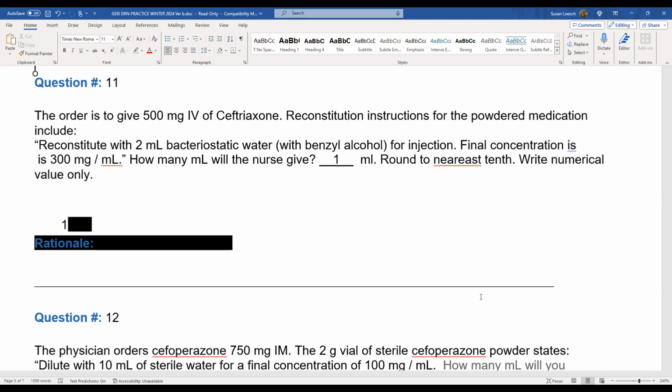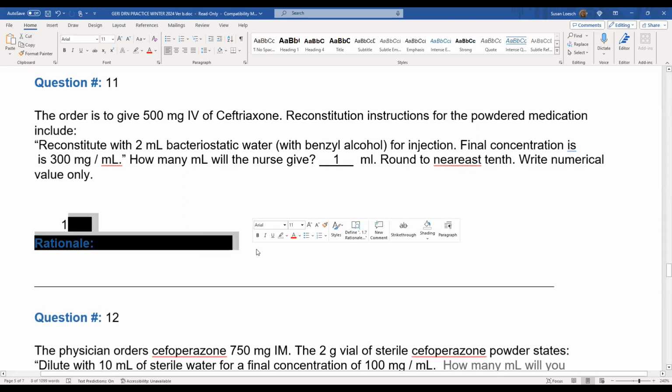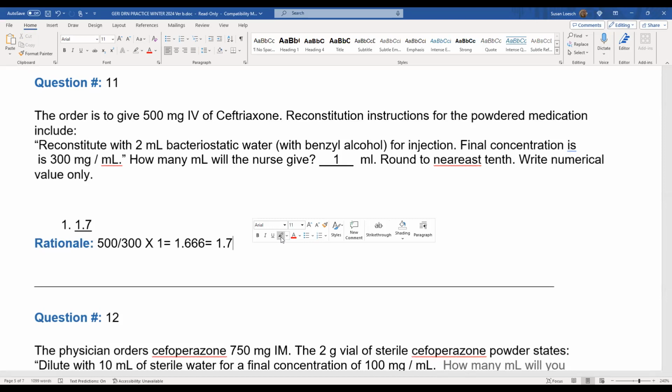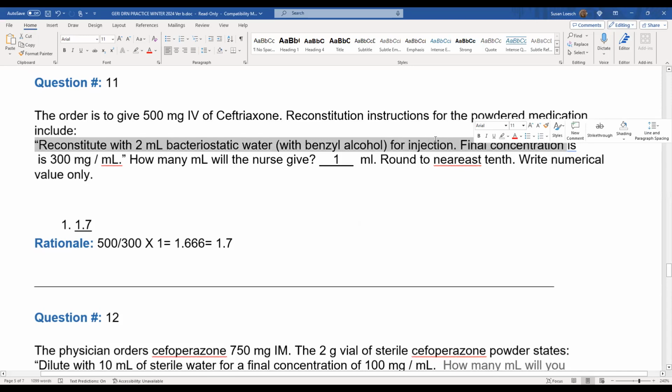1.7. Anybody need me to show them that? Yes, can you show me, please? All right, so all this, don't worry about it. What you want to worry about is this, because this is asking how many mLs give.